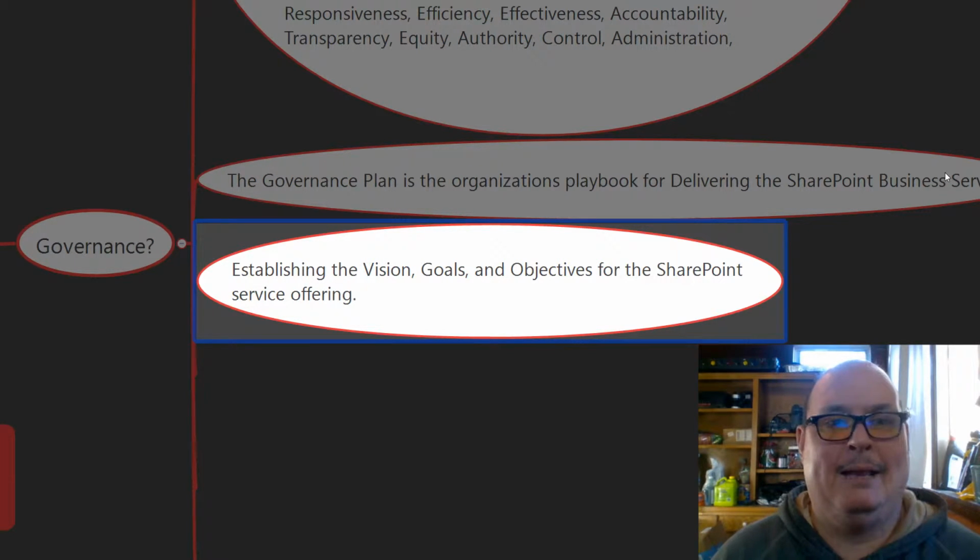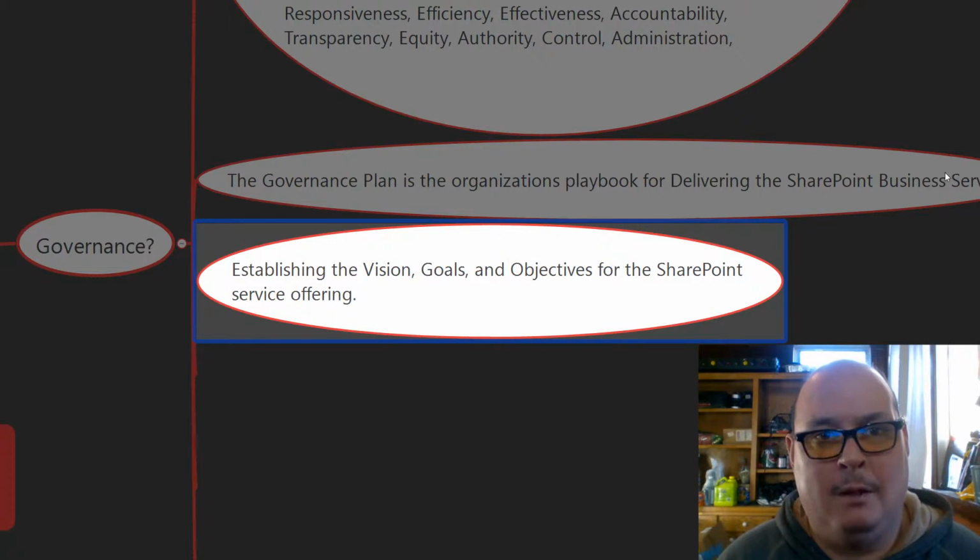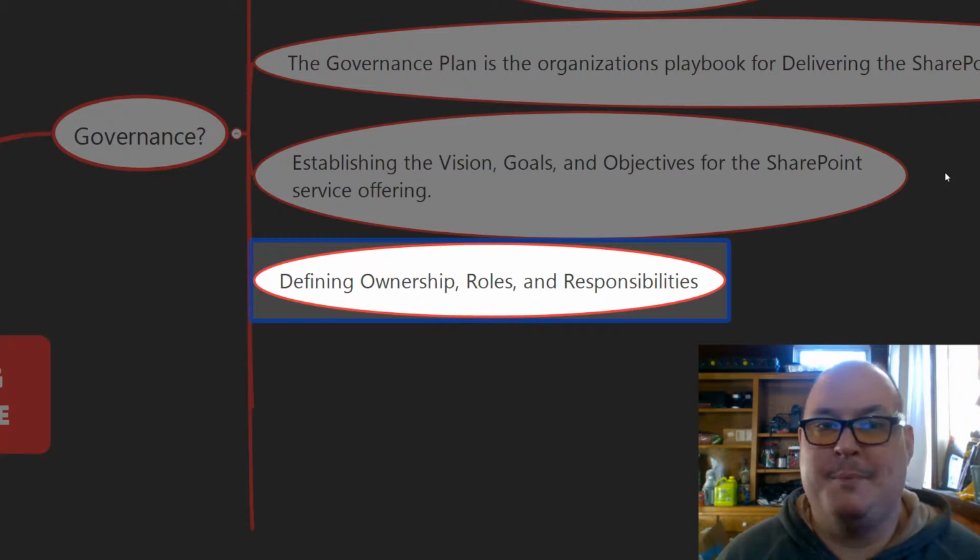It's a plan, and it has to have operational, actionable things that you're going to do to make your SharePoint happen and happen well. We have to define ownership roles and responsibilities because there's a lot of people involved.